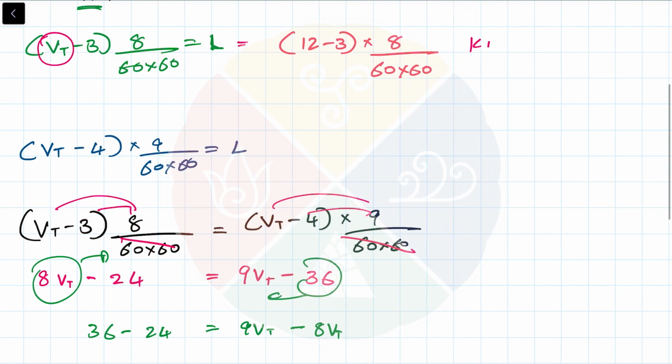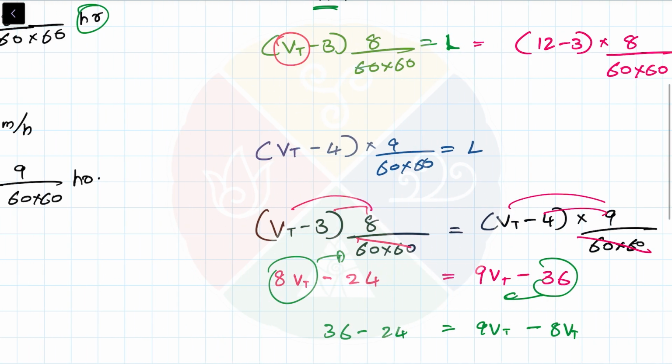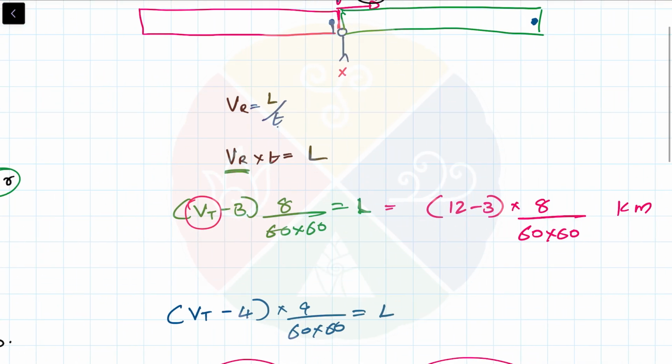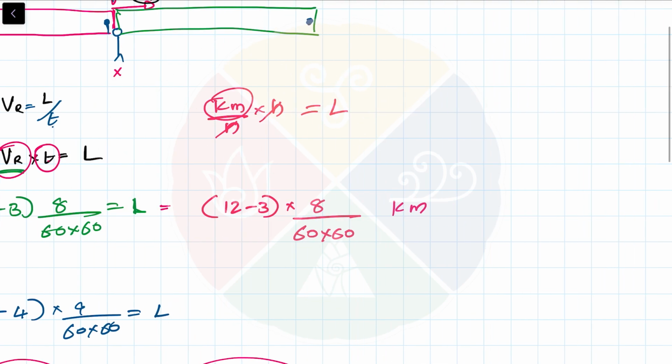This many kilometers I am going to get, because velocity is in kilometer per hour and time is in hours, so you get the length in kilometers.